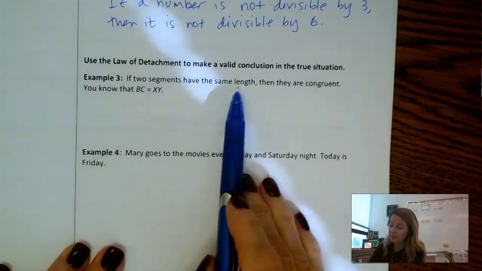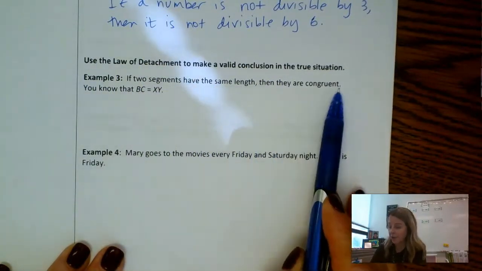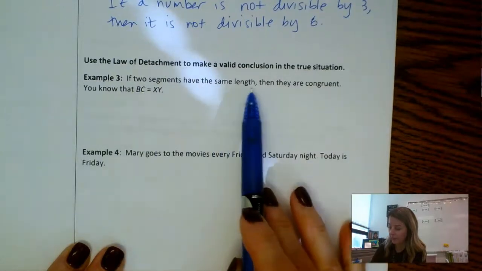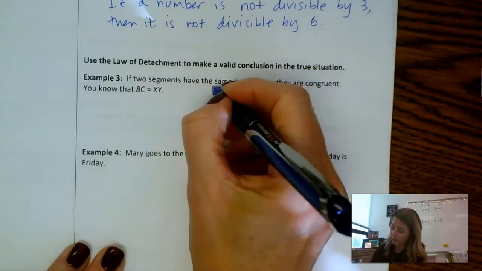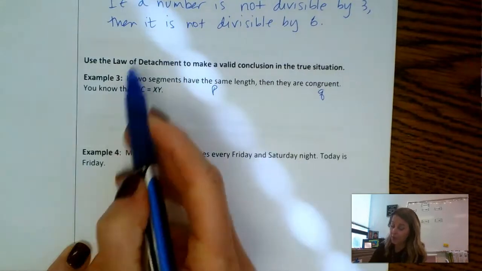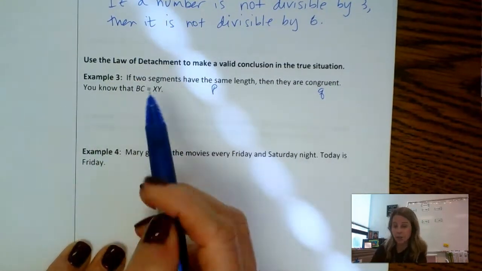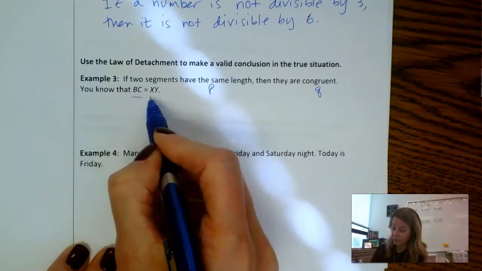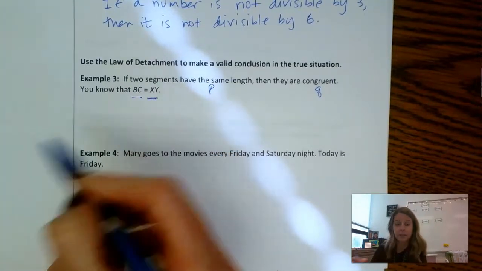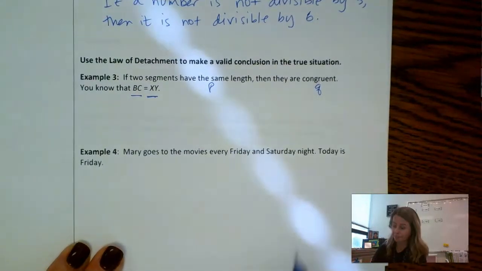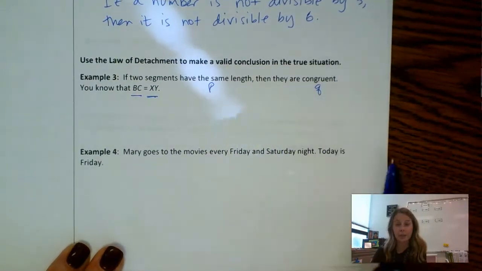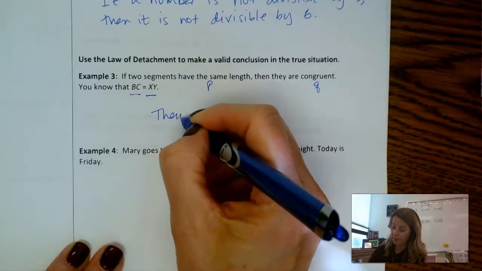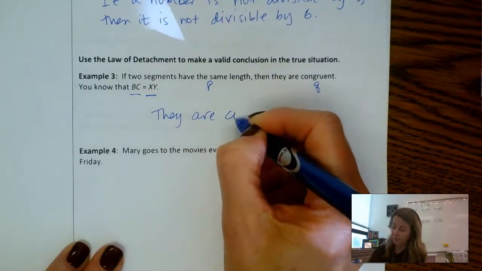If two segments have the same length, then they are congruent. Hypothesis, conclusion. You are given this situation: you know that BC equals XY. So you know that two segments have the same length. What can you conclude? I can conclude they are congruent.